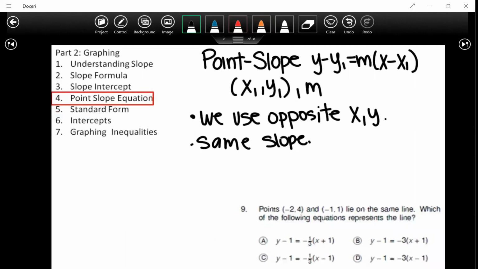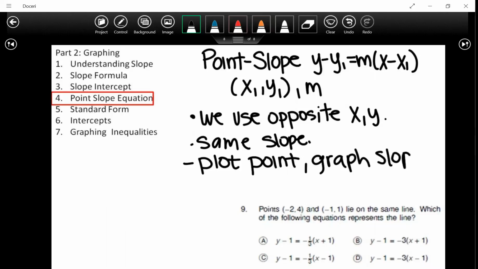To graph it, plot the point, then graph the slope from the point.